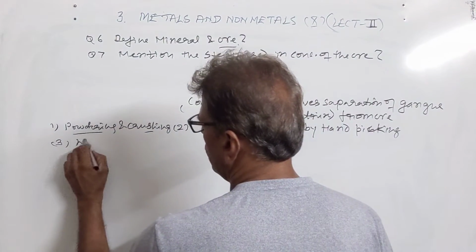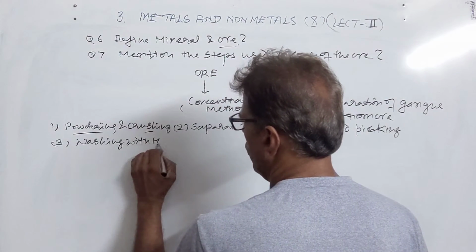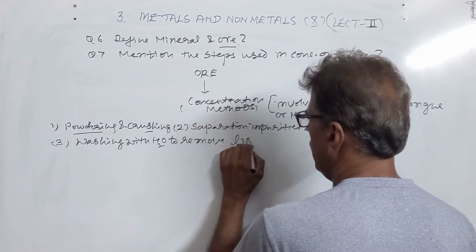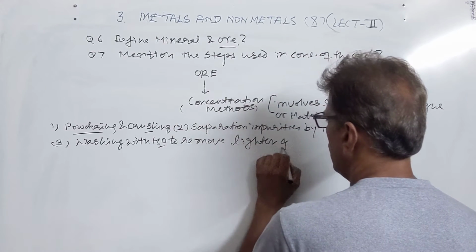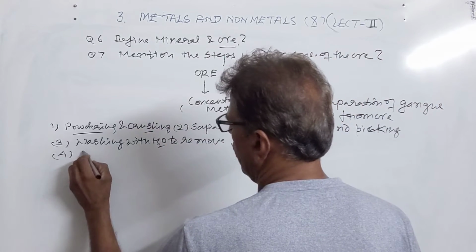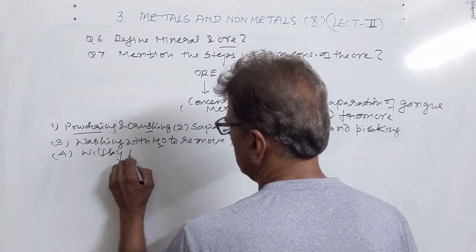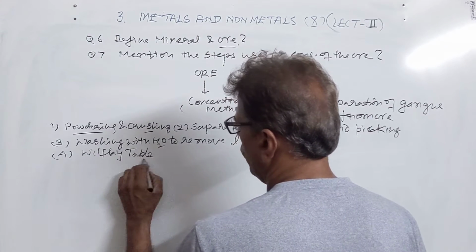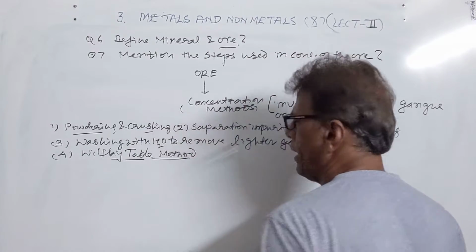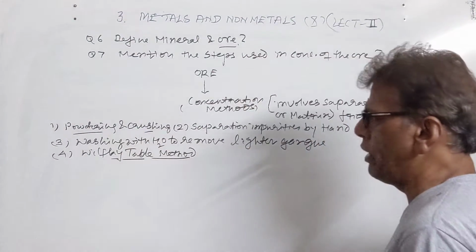Third is washing with water. We wash the ore with water to remove lighter gangue. Then the fourth method is the hydraulic washing method. The ore is kept on the sloping floor of a table and washed with water. The lighter gangue particles are washed away, leaving behind the heavier ore particles.